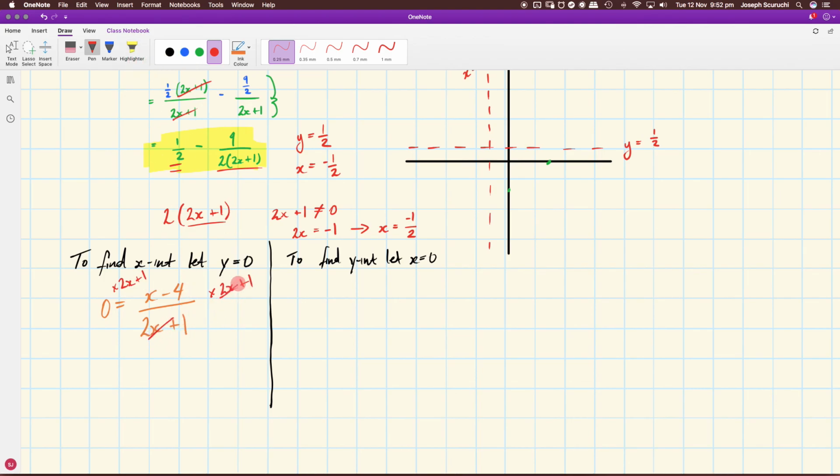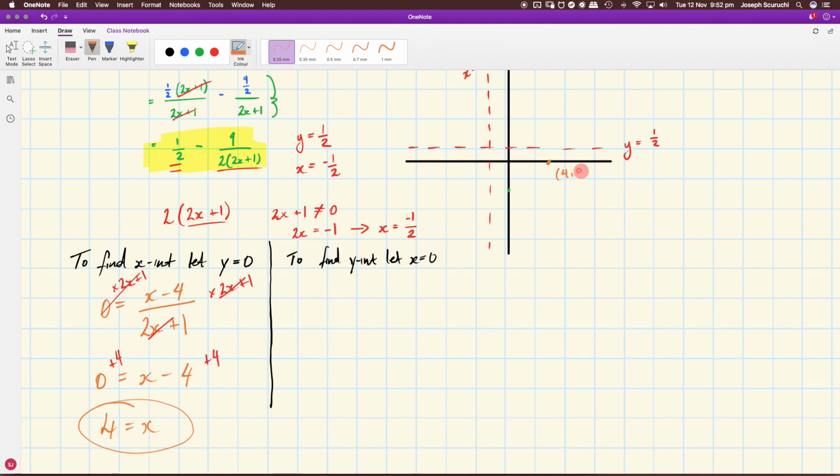So that's going to go away. And 0 times anything is just 0. So I'm left with 0 on this side. And then I'm going to get x minus 4. I then am going to plus 4 to both sides. And I'm going to get 4 equals x. So that will be my x-intercept right here.